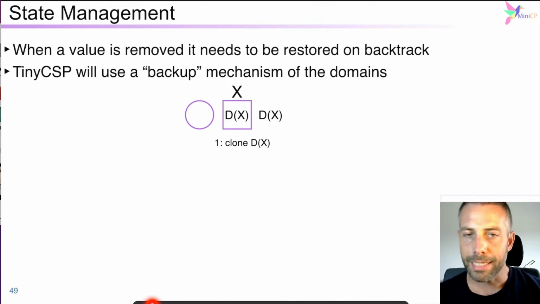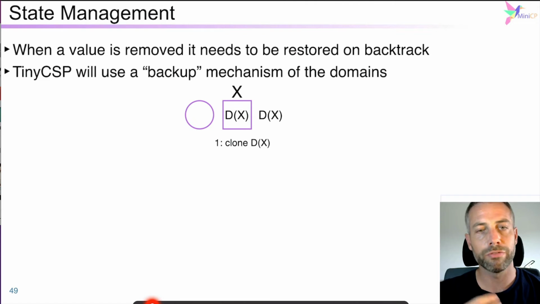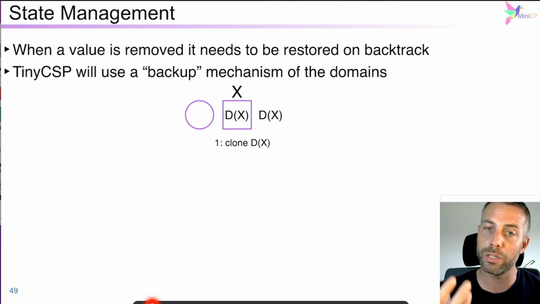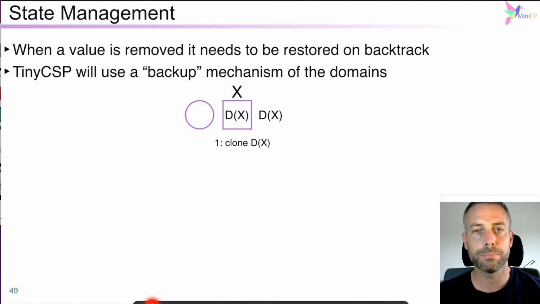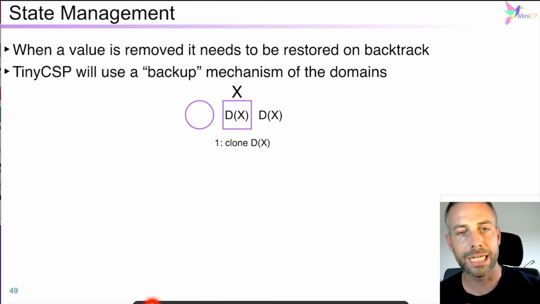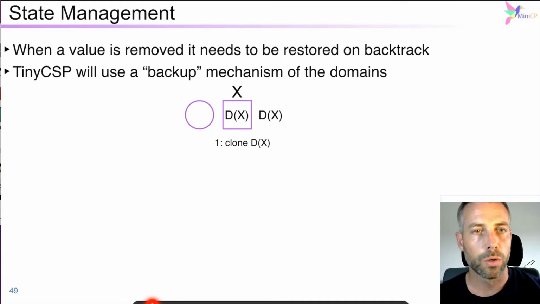The state management now. So far, we have assumed that we were going down in the domain, so we were only removing values from the domains. But when you have a backtrack, you might be in a situation in which you need to restore the domains of a variable. Let's see one example. So the strategy that we'll use is the one of the backup mechanism.